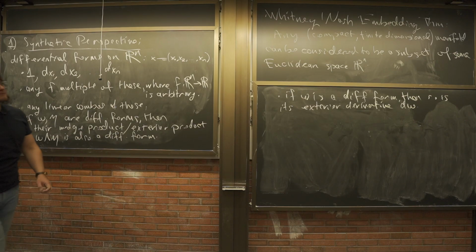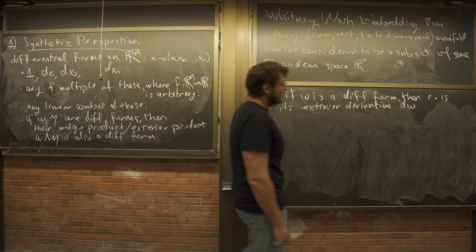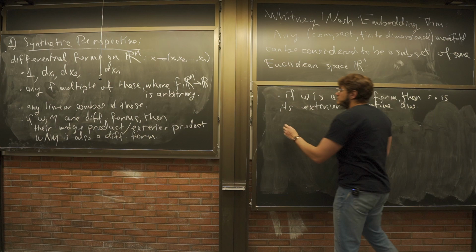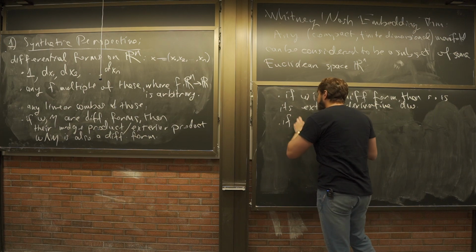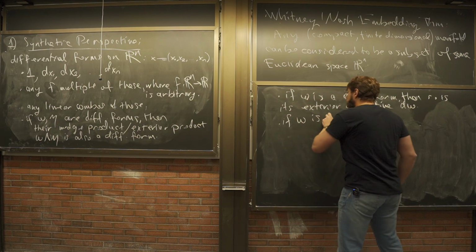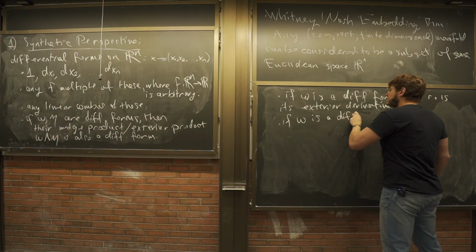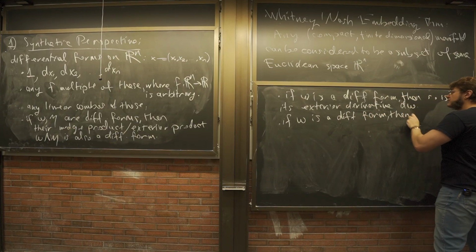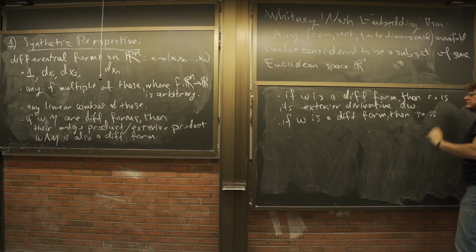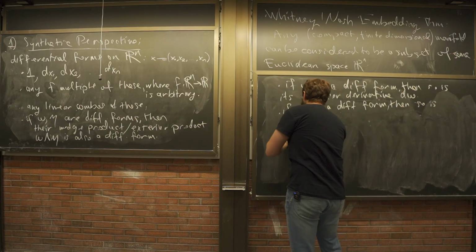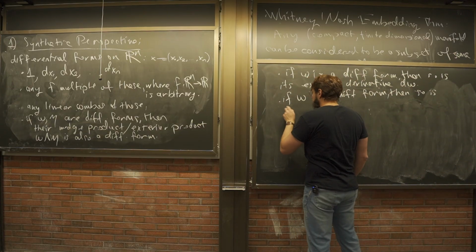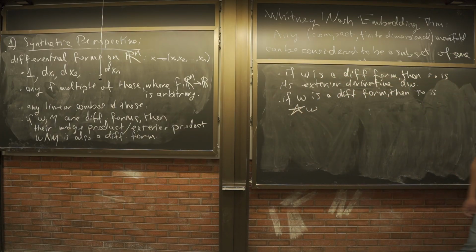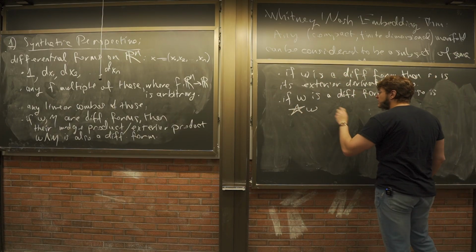Okay. And finally, there's something called Hodge star. Okay. If omega is a differential form, so is star omega, and star is called Hodge star.